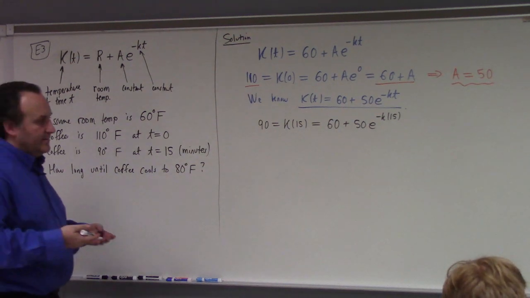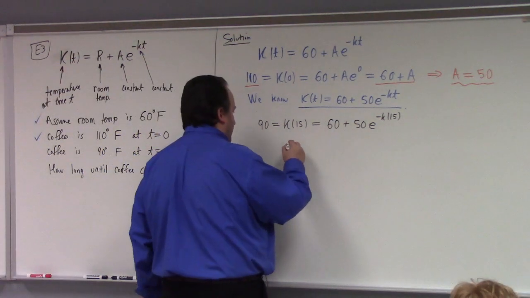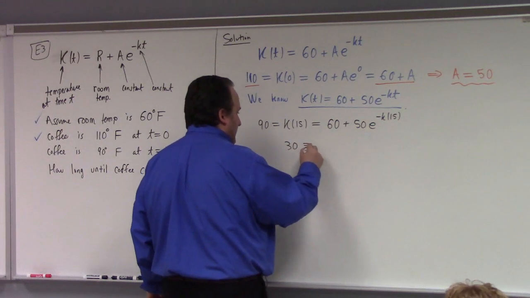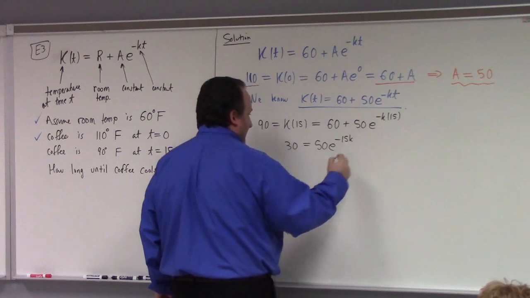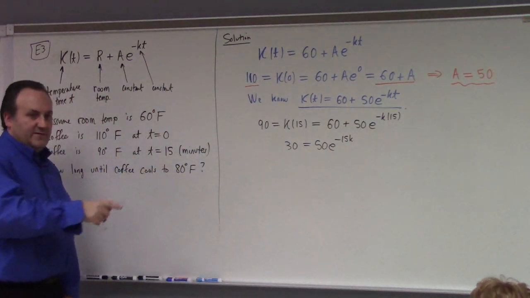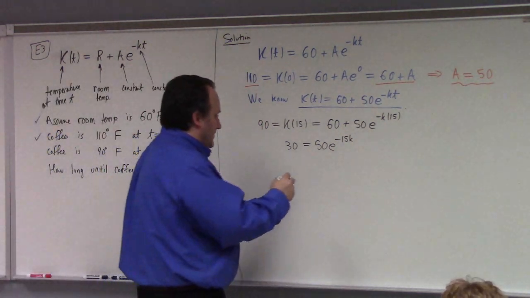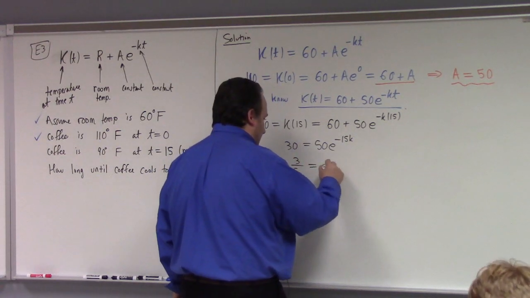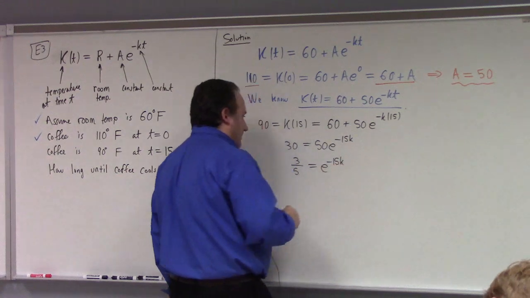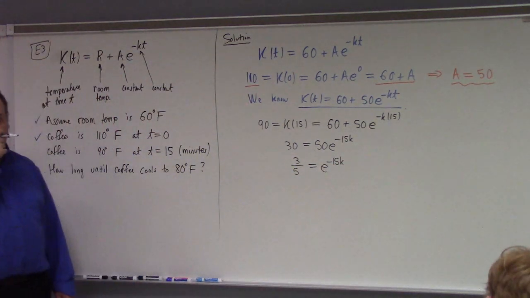So we can solve for K. This gives me 30 is equal to 50 e to the minus 15K. Divide by 50. We get 3/5 equals e to the minus 15K, because 30 over 50 is 3/5.